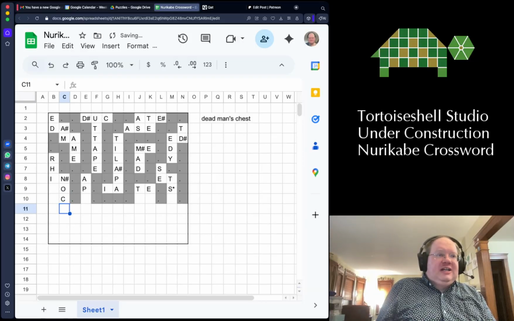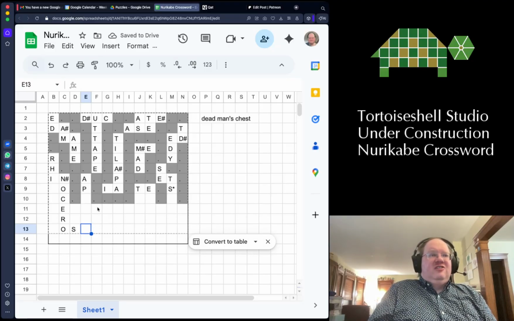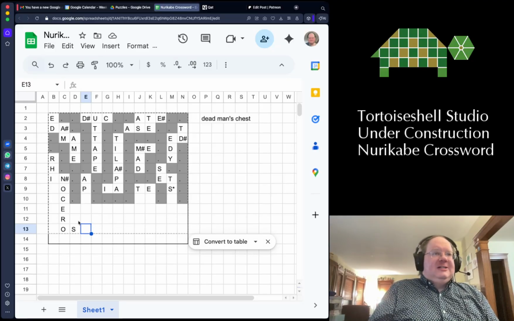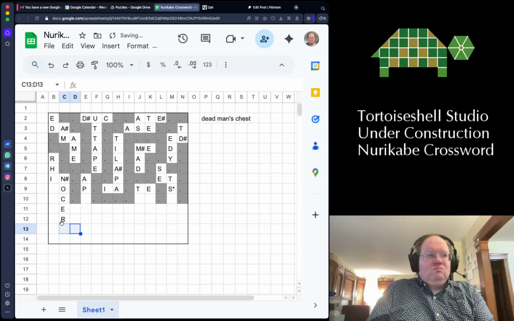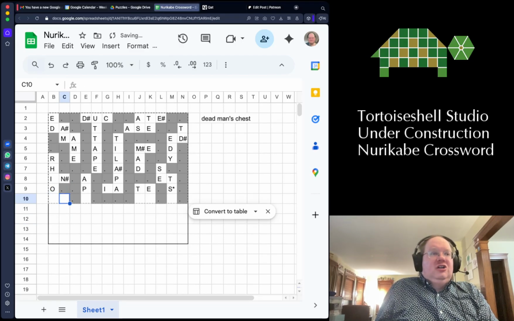We could potentially have something like rhinoceros going down here. But I do need to make sure that we have room for five more entries to get to spell chest. We could also have O be here, in which case we would need a letter here.